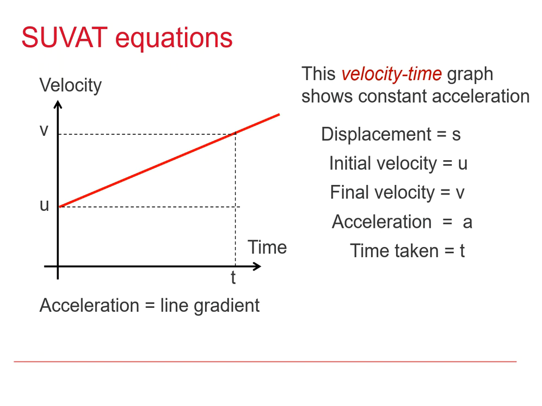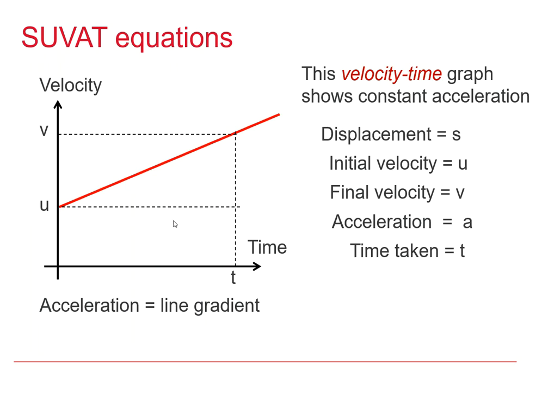And if you know much about velocity time graphs, you'll know that the displacement is equal to the area underneath the velocity time graph. So that makes sense. You can imagine if this thing wasn't accelerating at all, if it was just moving at constant velocity u for time t, then distance is speed times time at constant speed, so that would be ut, and that would be the area of this rectangle.